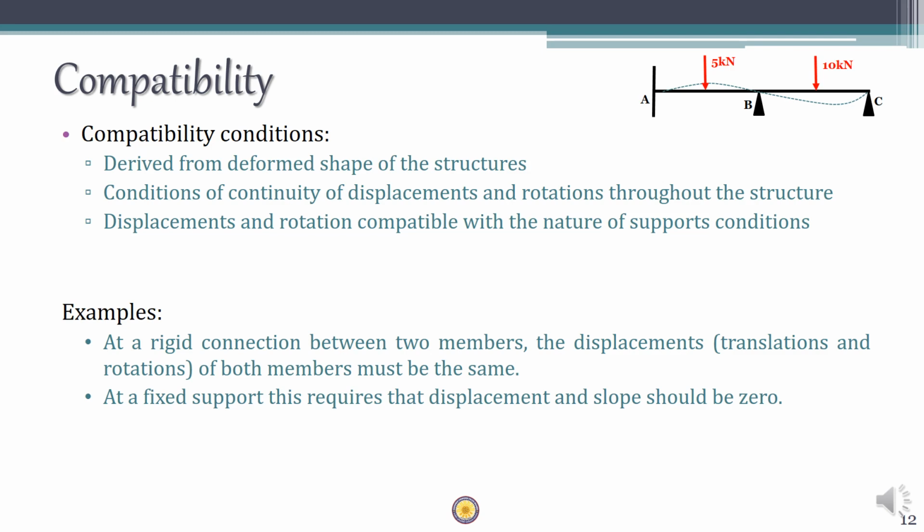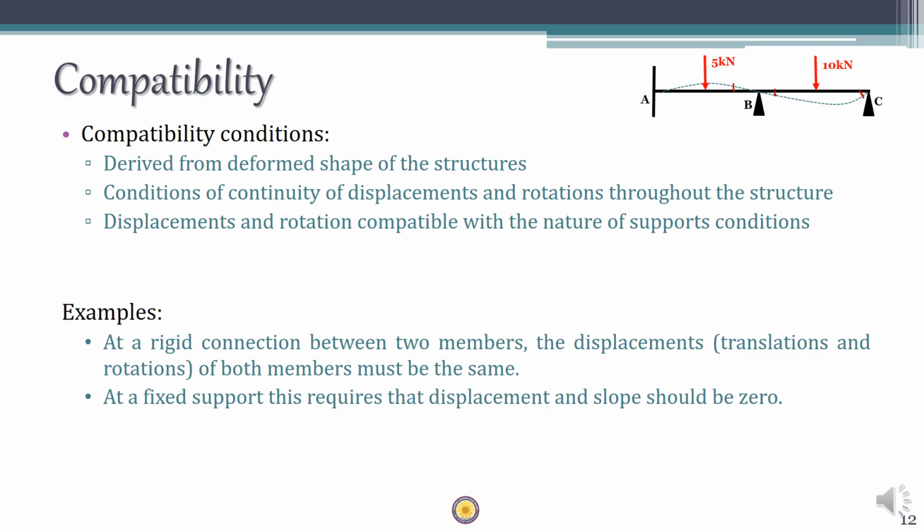Here you can see that it follows all the compatibility conditions. At a hinge you can permit a rotation theta, but you cannot permit any vertical displacement. So displacement is 0, rotation is permitted. Similarly here also displacement is 0, but a rotation is permitted.